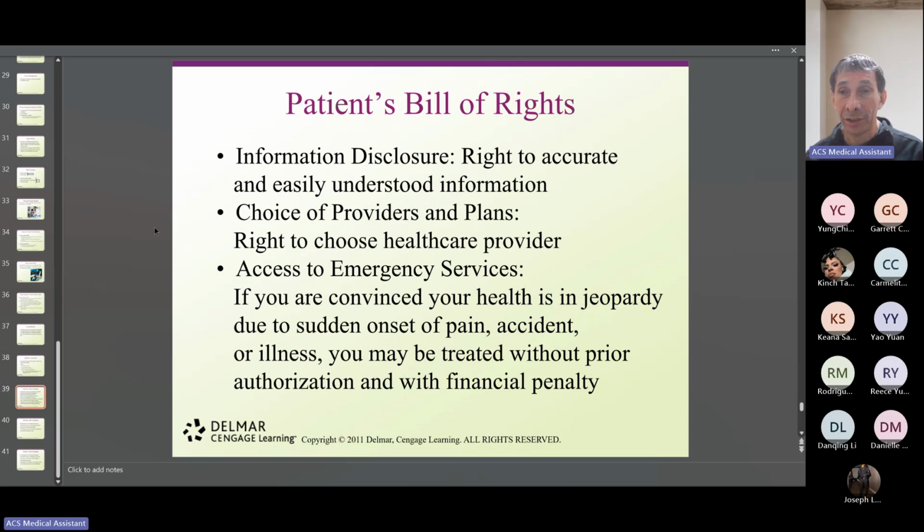But an emergency, it is not. You cannot deny services to a patient in an emergency room, regardless of what they have. You have to take care of them, even if it sounds like it's not important, it is not an emergency.